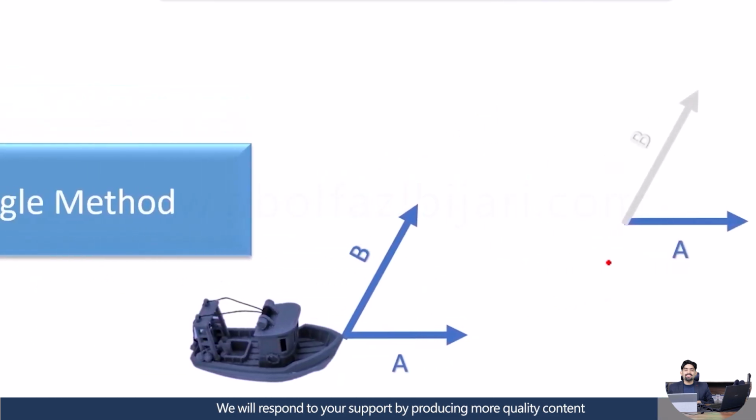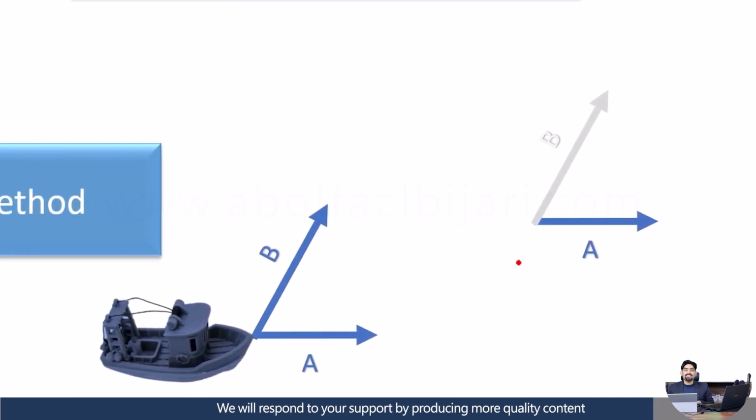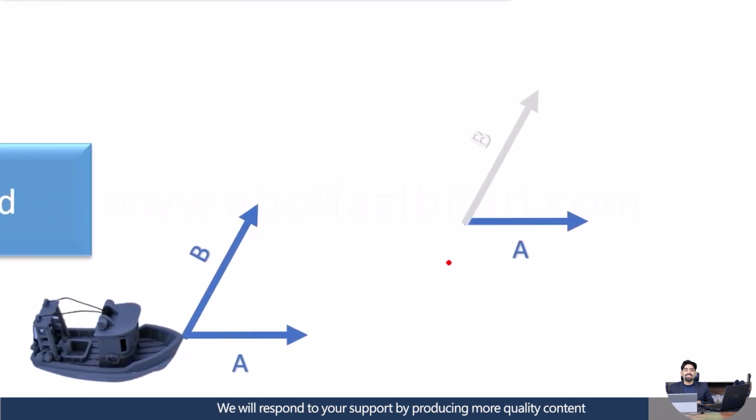The next one is the triangle method. The result of the triangle and parallelogram methods is the same. In this method, it is head to tail, tail to head.